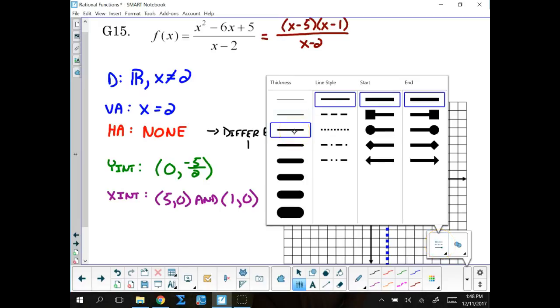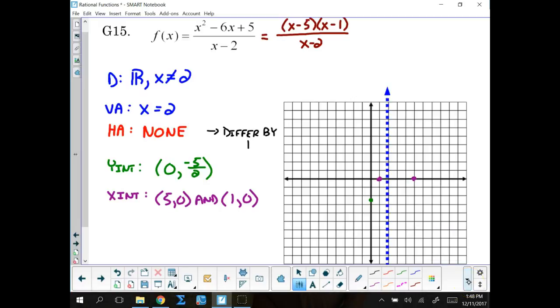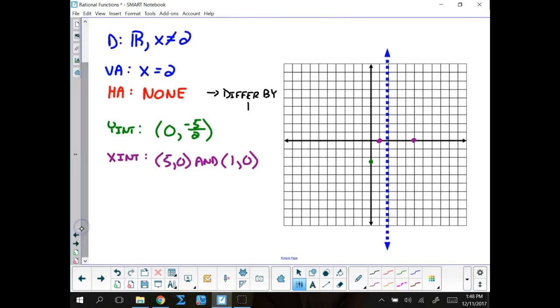Holes. Does it have a hole? Anything factor out from before? Nope. So that's a none case for holes. Does it have a slant asymptote?